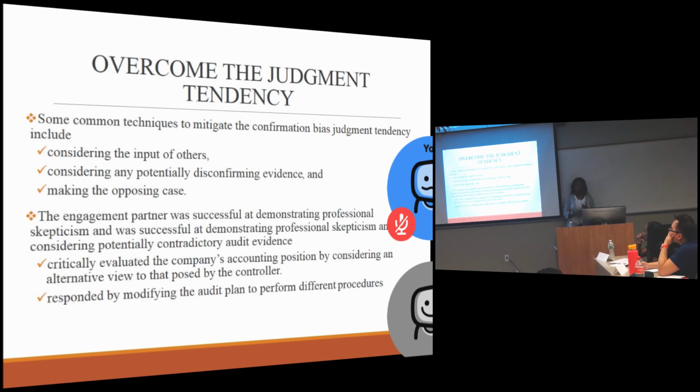Consider the input of others, look for alternative explanations, make the opposing case. Don't just confirm your initial expectations or what management tells you. You have to take a step back and look at the big picture. Did you consider all of the factors? What changed this year that didn't exist last year? And how might that impact our audit approach?